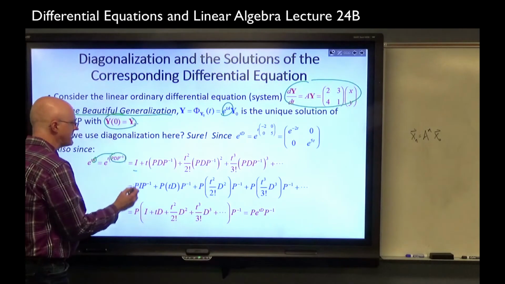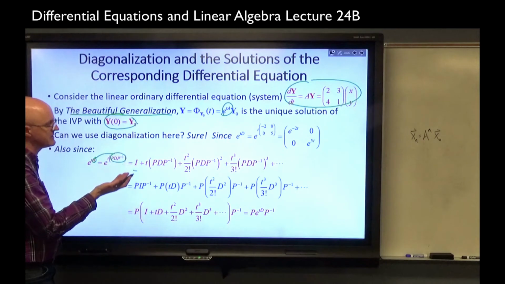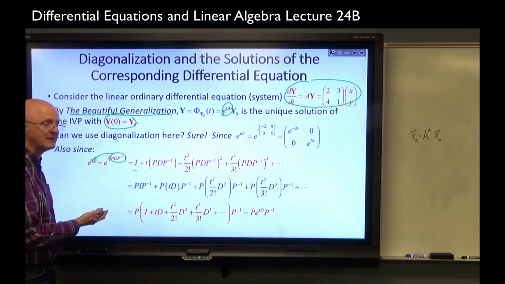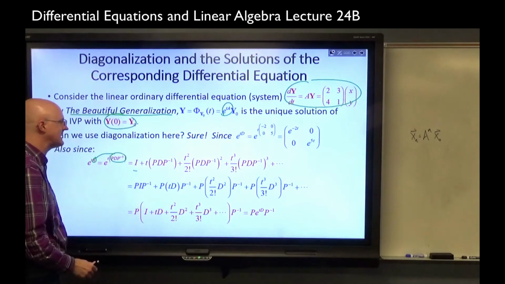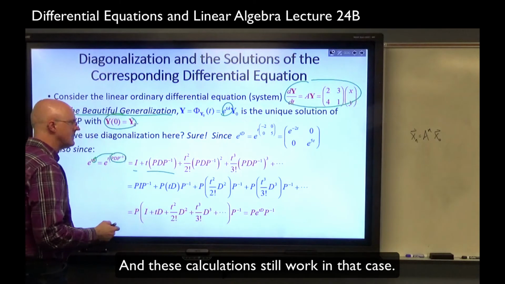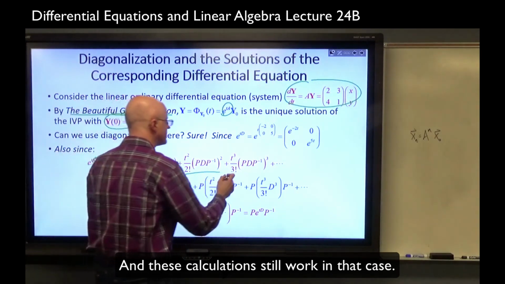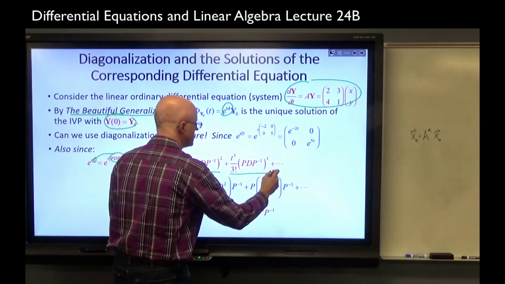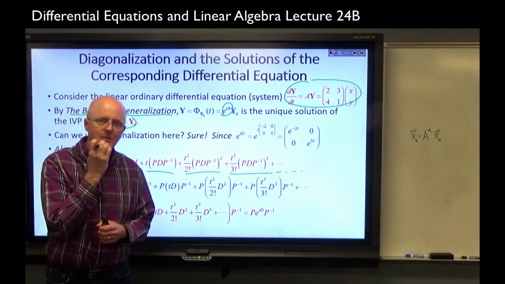You get the identity matrix of the appropriate dimension. This is a 2 by 2 system, so this would be a 2 by 2 identity matrix. In general, you could have an n by n system, and that would be an n by n identity matrix. Plus t times whatever that matrix is, plus t squared over 2 factorial times that matrix squared, plus t cubed over 3 factorial times that matrix cubed, etc. forever and ever. We're not worrying about convergence here.